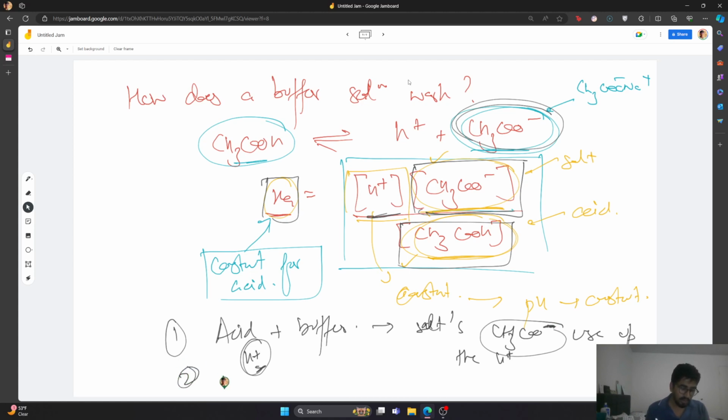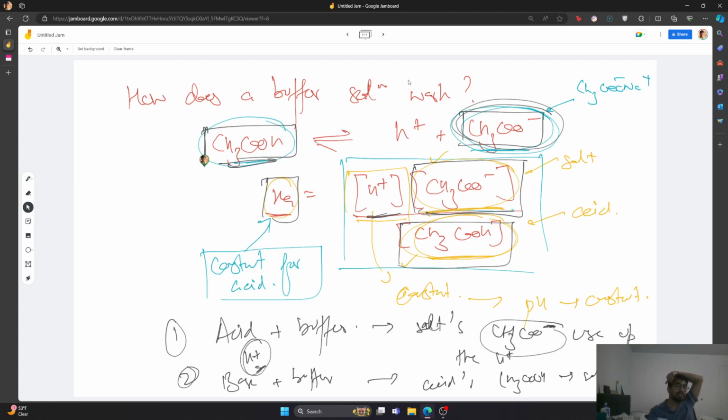Now similarly, if you have a base in a buffer solution, now instead of the salt, the acid, which is this acidic part, can form salt and water, which is its own reaction. Imagine there's a lot of undissociated acid in the solution as well. There is a lot of salt and a lot of acid, the two things externally.